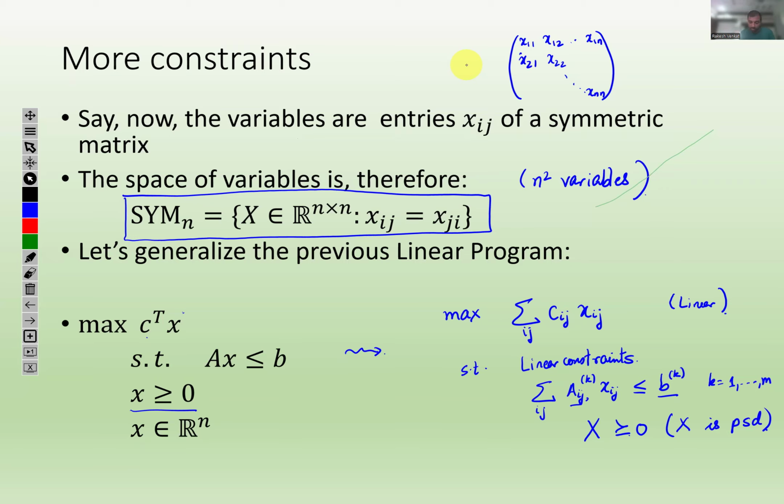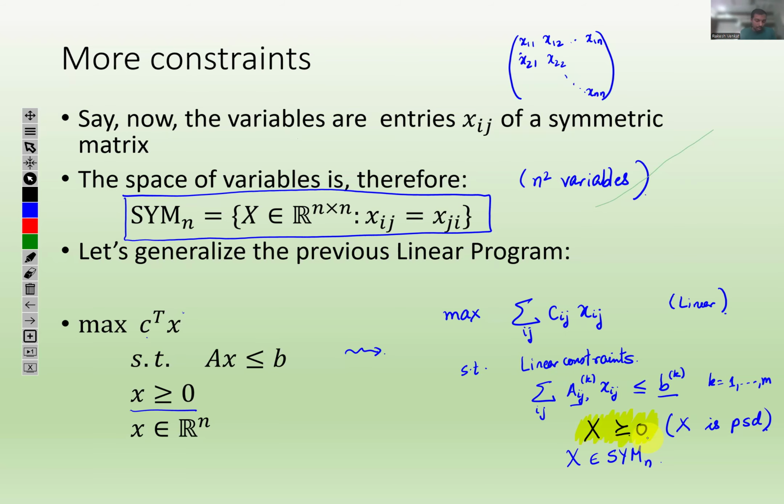That's what it's saying. And then the constraint is, of course, that X is in Sym n. So this is almost a linear program in the variables, except for this constraint over here, that X is PSD.